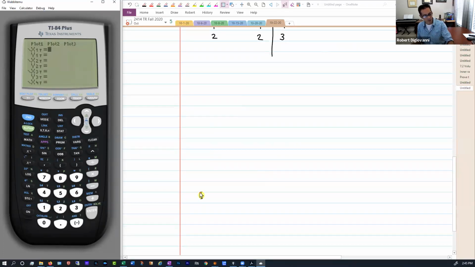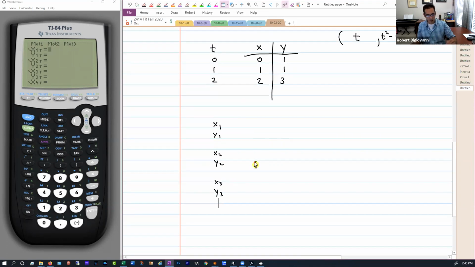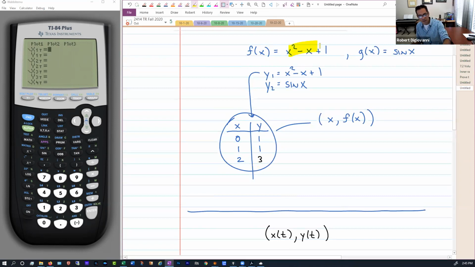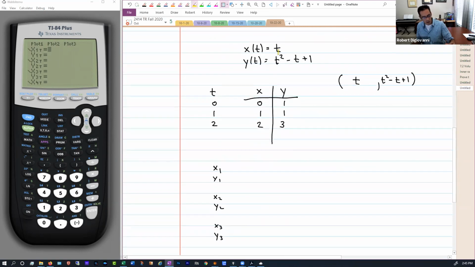What you're going to see, instead of Y1, Y2, you're going to see X1, Y1. Then you're going to see X2, Y2. Then you're going to see X3, Y3. And so the way this works is you put everything in as a pair. So if I wanted to graph this parabola right here, what I would do is I would let X1 be T. So you have to use that key.